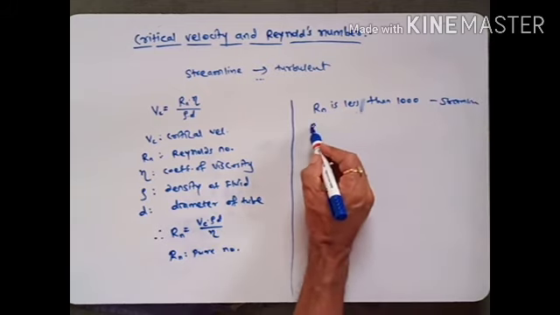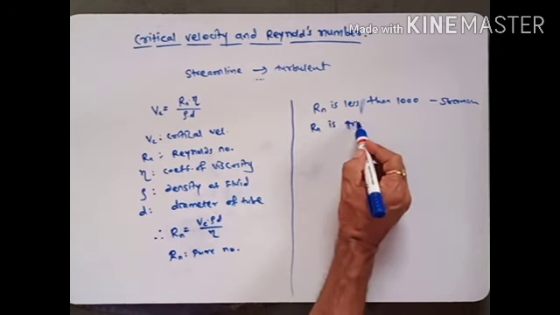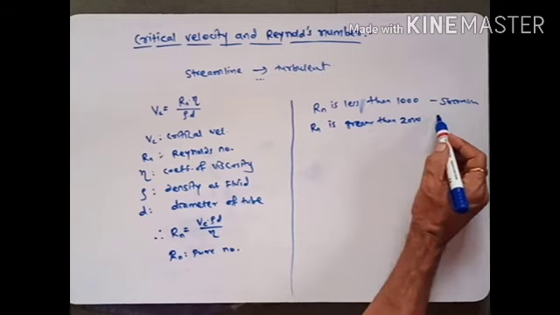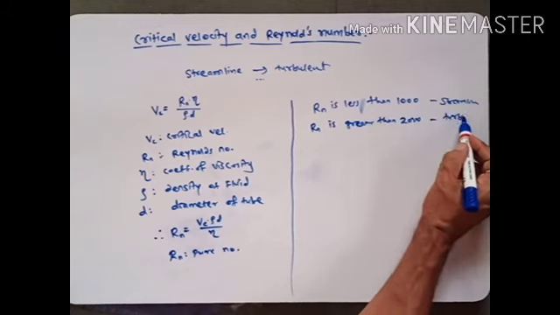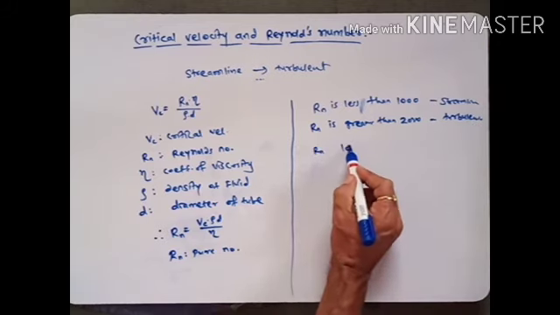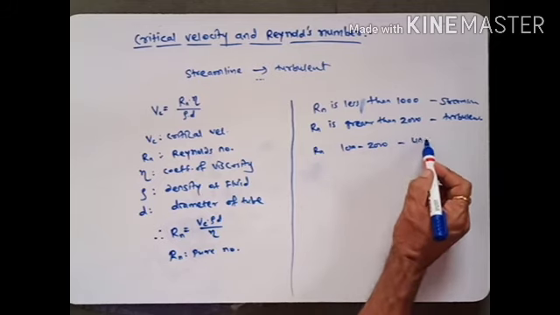If Rn is greater than 2000, the flow is turbulent, and if Rn is between 1000 and 2000, then the flow is unsteady.